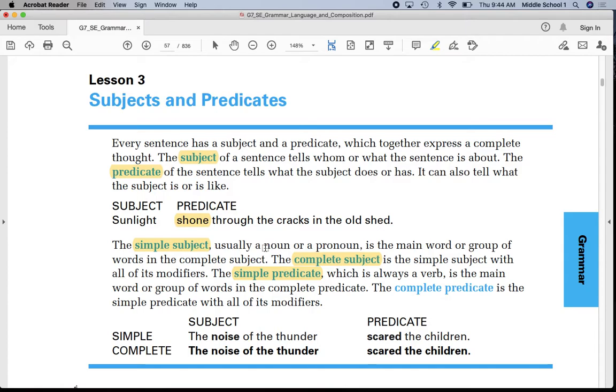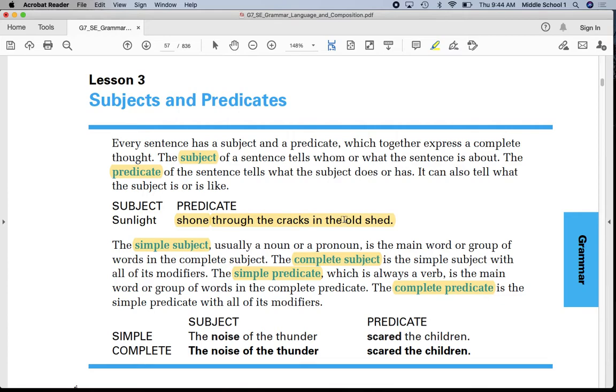What are all of the words that come before the predicate? All of the words that come before the predicate are called the complete subject. Fourthly, complete predicate. All of the words that are from the predicate to the end of the sentence is called the complete predicate.